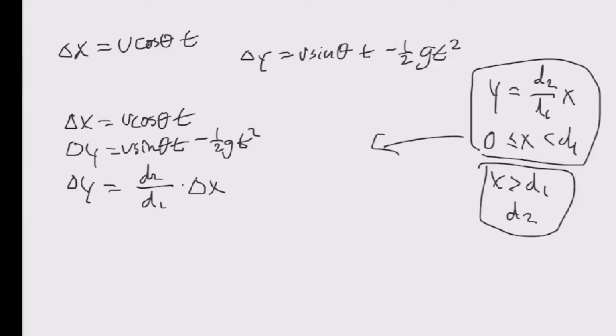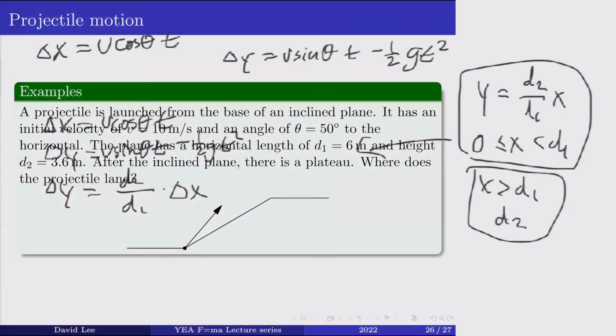Oh, what is d2 and d1? Do you mean the values or what they represent? Oh, the values? Okay, I will put them up here. It's going to overlap with my writing. Okay, so d1 is 6, d2 is 3.6. Maybe I'll just send them here: d1, 6, d2, 3.6.